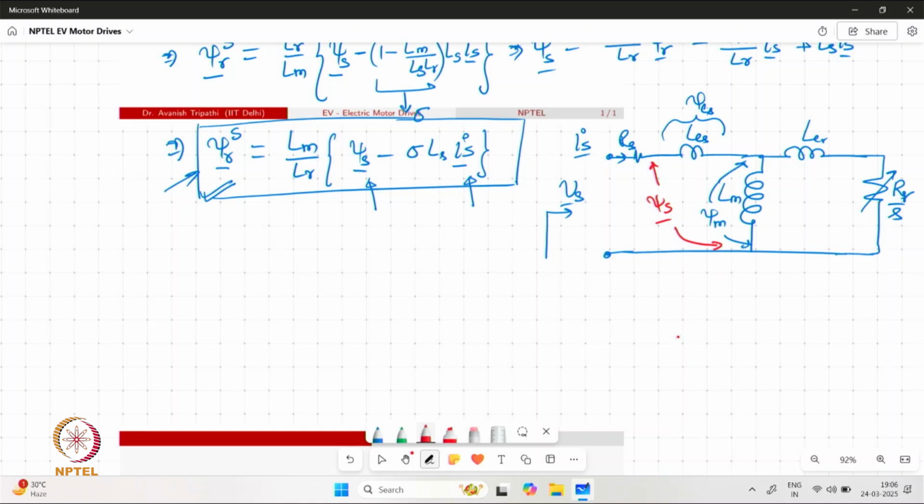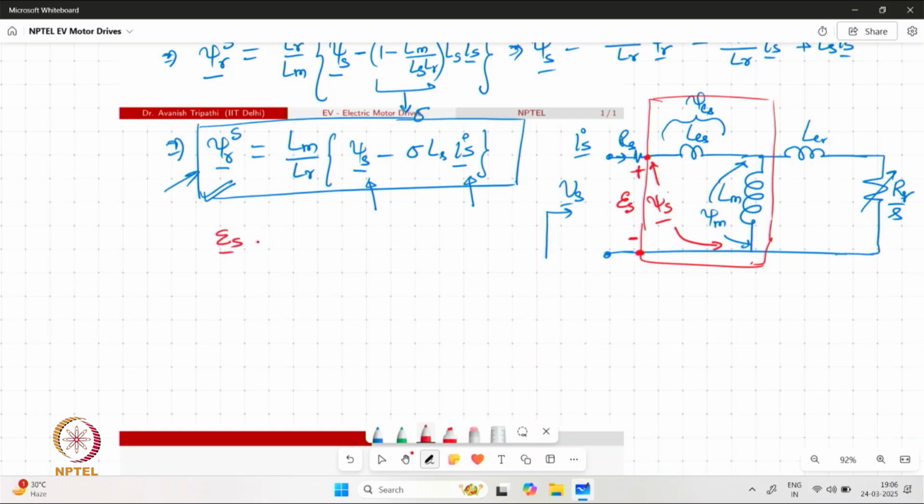So the sum of these two fluxes is what we are referring to as our stator flux. If we are trying to compute the stator flux, we are going to have a combination of psi ls and psi m, which is on account of the voltage applied across these terminals. This can be called Es.